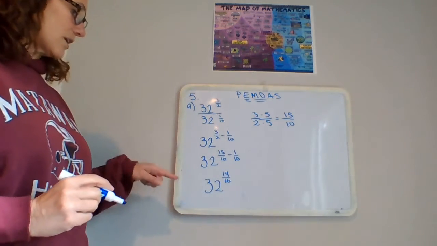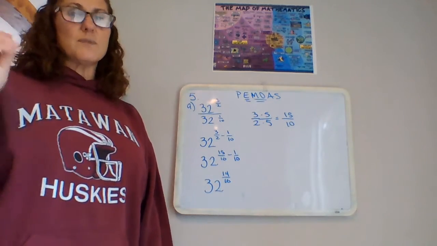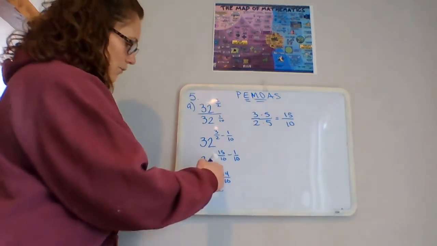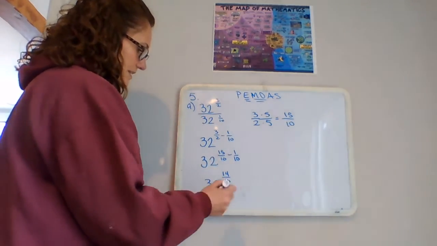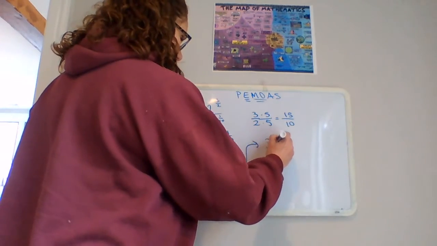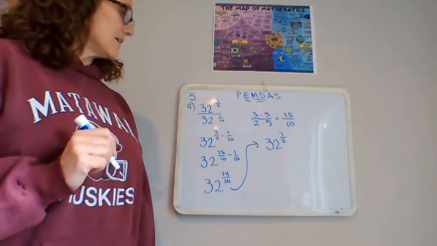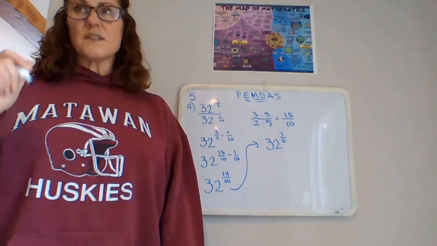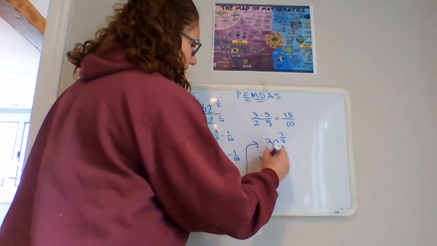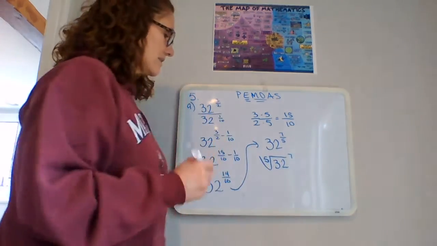And I noticed when I was checking your guys' homework, a lot of you left it at that. But 14/10 is something that's reducible. And we've spoken about if something can be reduced, we're going to reduce it. 14/10 reduces to 7/5. So this becomes 32 to the 7/5. Now we have to ask ourselves if this is something that's doable. So I think of it as a radical, the fifth root of 32 to the seventh.